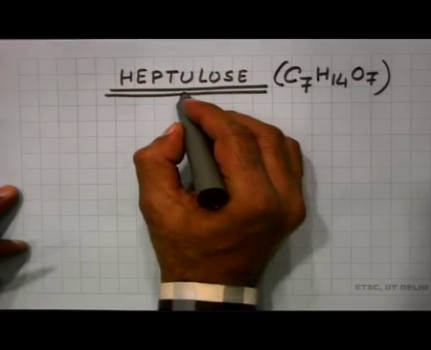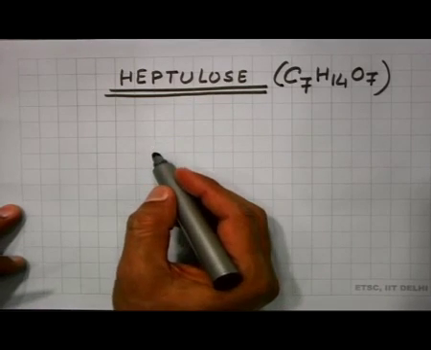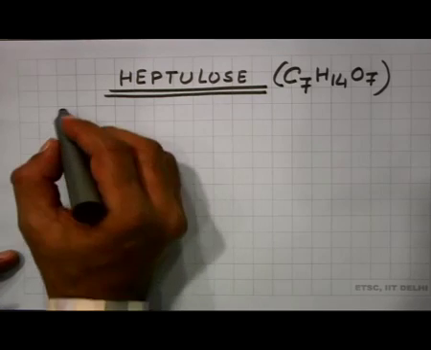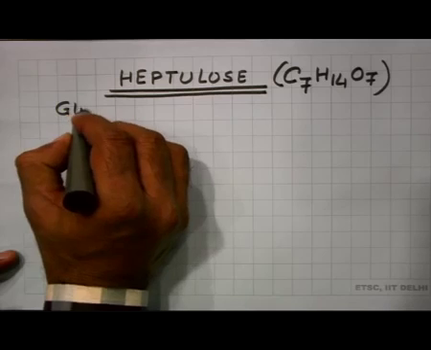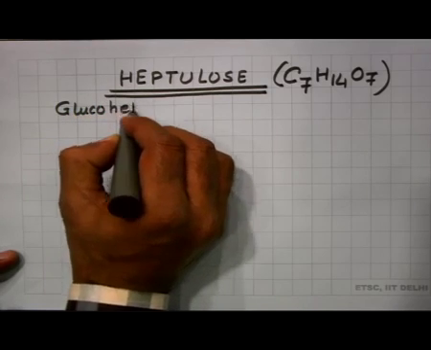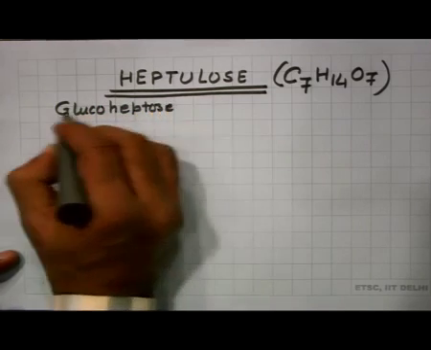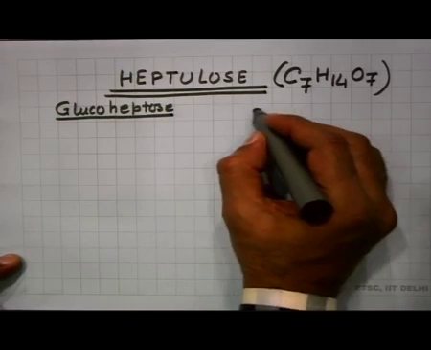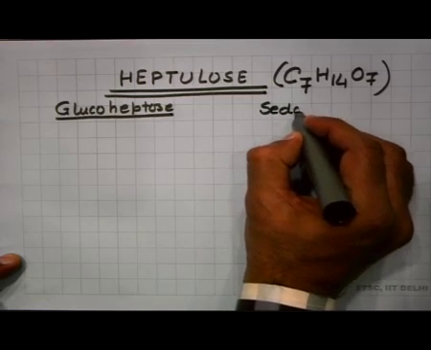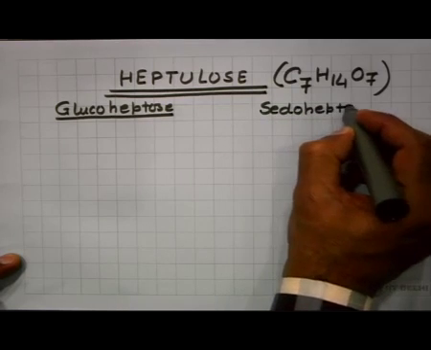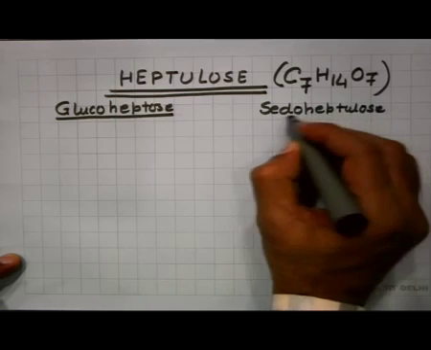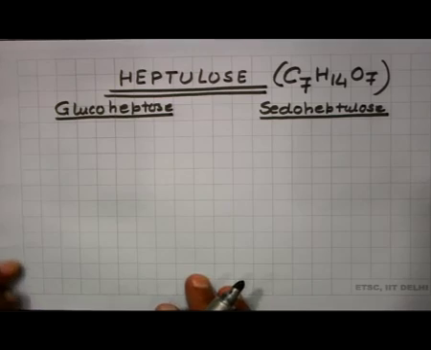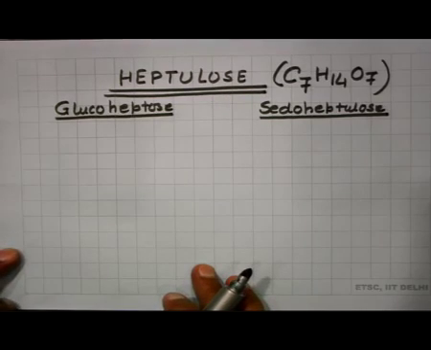These are also found in two forms, the aldehydic form and the ketonic form. The aldehydic form of heptulose is called glucoheptose, and the ketonic form of heptulose is pseudoheptulose. This pseudoheptulose is one of the products in the Calvin cycle, that is pseudoheptulose 1,7 bisphosphate.